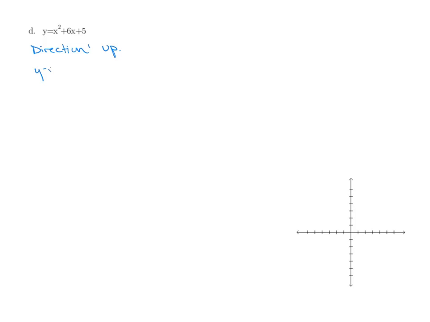All right, for our y-intercept, if we plug in 0 for x, we get 0 squared plus 6 times 0 plus 5. Our x terms cancel, leaving me with just y equals 5. So our y-intercept is 0, 5.